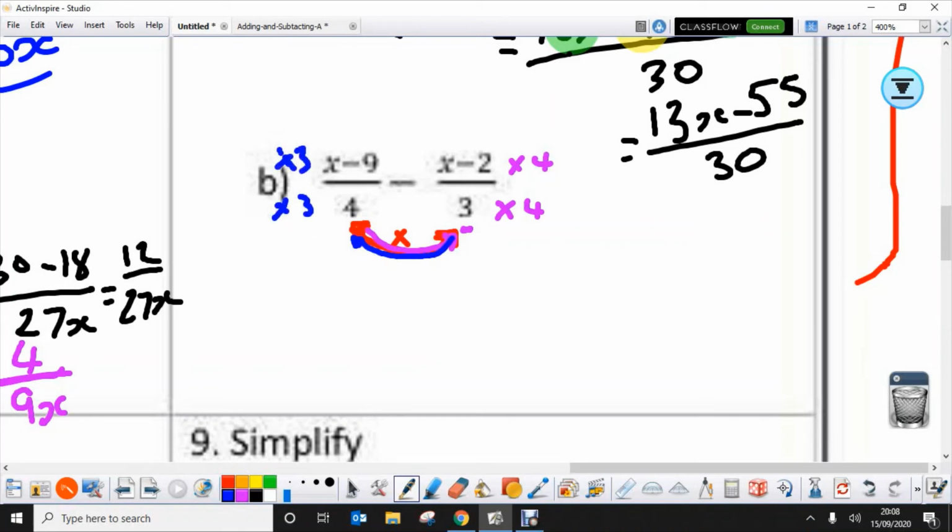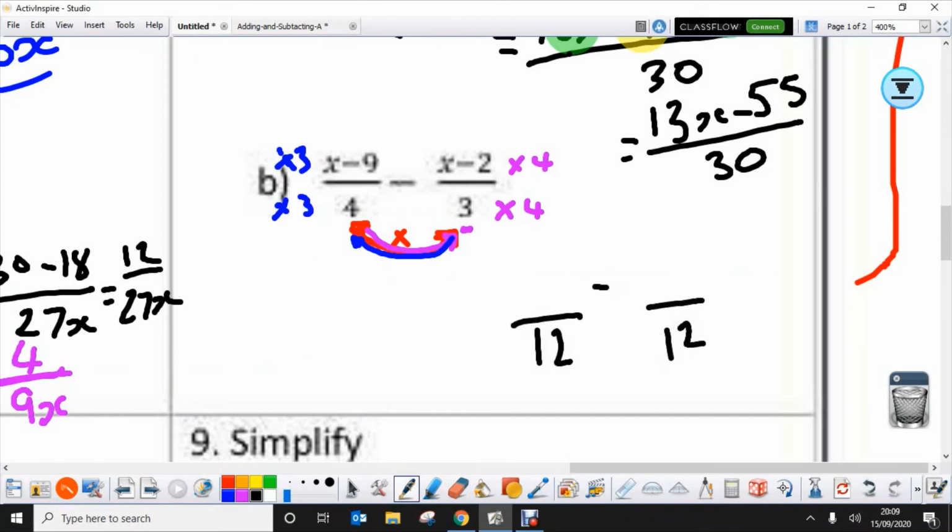Now I'm going to write it out again in the brackets just to show you and highlight one of the reasons why. I know the denominator is going to be 12. So 4 times 3 is going to give me 12 on the bottom of each side of my fraction.